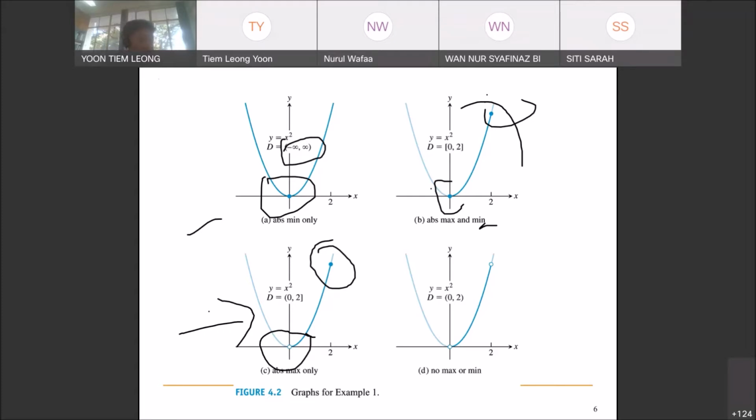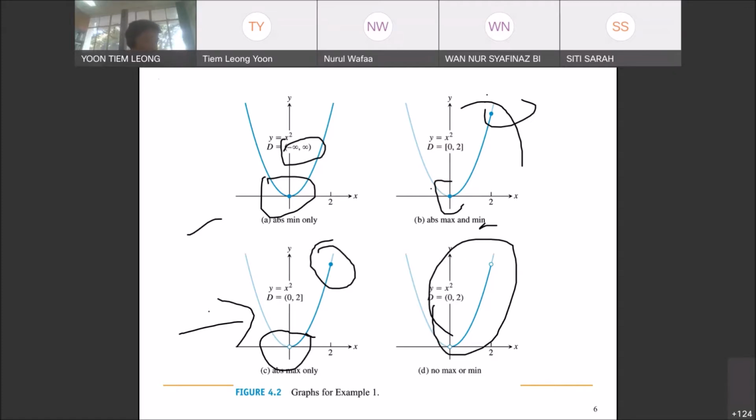In this particular case it is sort of abstract, because the function is not defined at x equals 0. Therefore, you can't have an absolute minimum for this function. So this is another extreme case where the interval is defined from 0 to 2, and you can't have an absolute minimum.